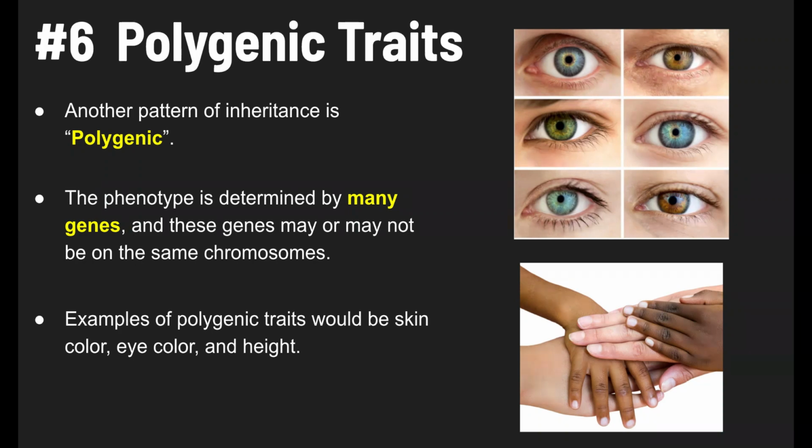There's more than that, but those are just some of the examples. So in this video, we've reviewed 6 different types of inheritance, 6 different ways that traits can be inherited. We looked at complete dominance, codominance, incomplete dominance, sex-linked traits, multiple alleles, and polygenic traits.